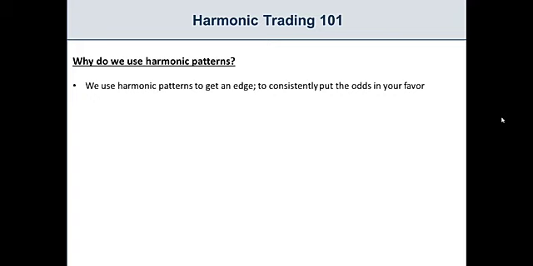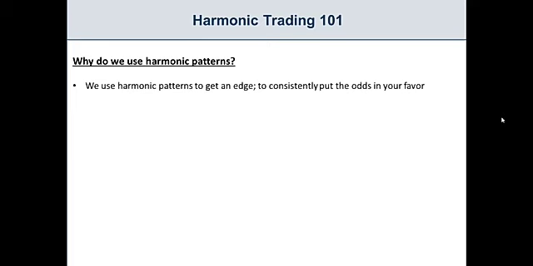Well, because studies have proven that these cycles repeat themselves over and over, and these ratios are hit within the cycle over and over, and these zones of reversal, when these patterns complete, are high probability areas for a reversal. So by trading these patterns and by correctly drawing them first, you are getting an edge over the other traders that are just trading support and resistance.